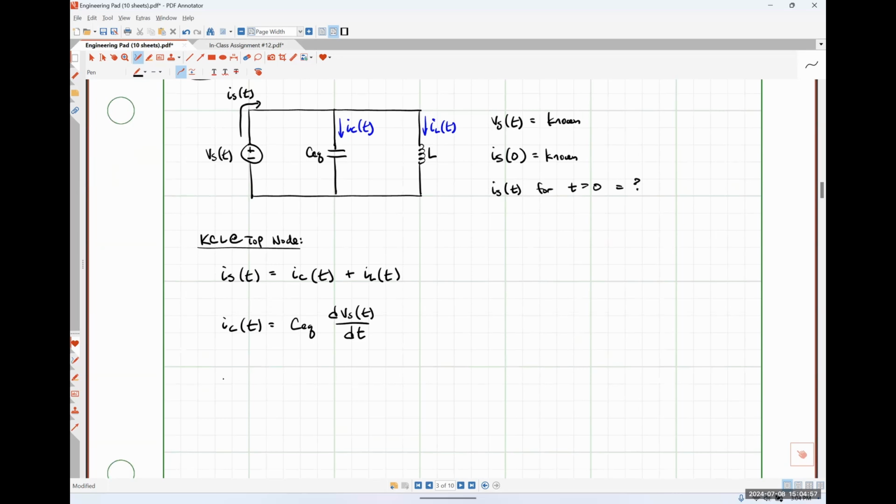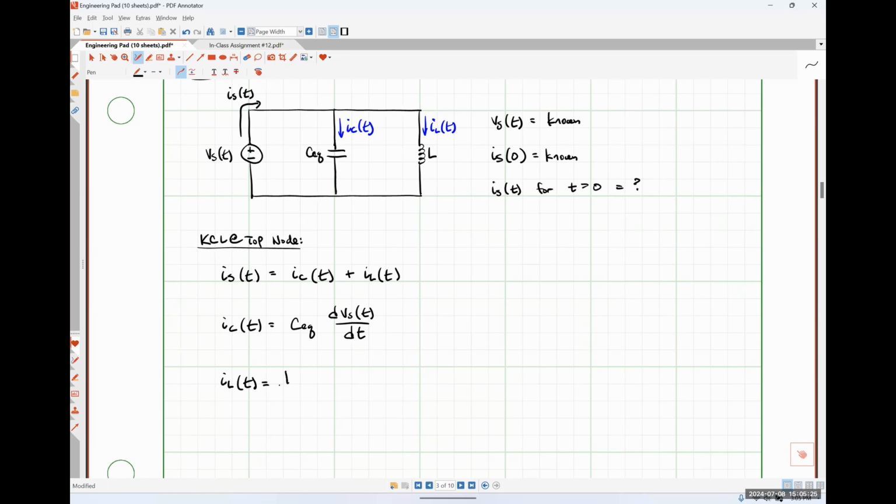Next, we need to figure out what our inductor current is going to be. So since the voltage drop across our inductor is Vs of t as well, we're looking for the equation that tells us how to find current when we know what the voltage is, which I believe should be equation 2 from our inductor lecture.